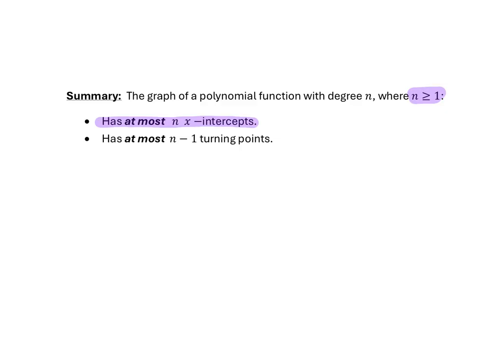Our general rule is that depending on the degree, we subtract 1 from it. And that is, again, at most, that many turning points. So if we have a degree 8 polynomial, I know that I can have at most 8 x-intercepts, and I will have at most 7 turning points.